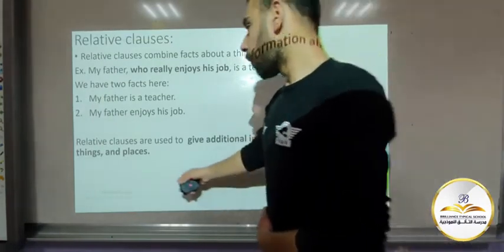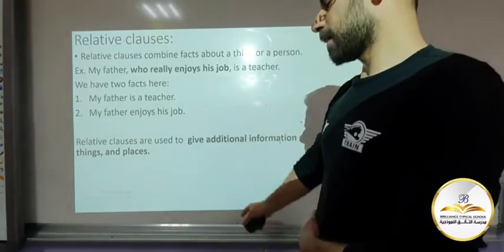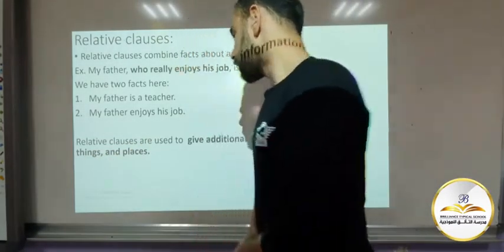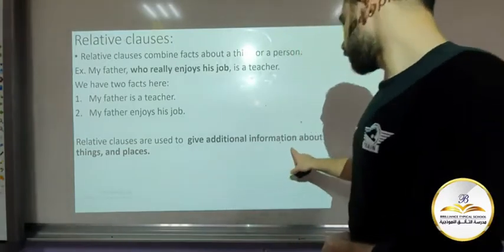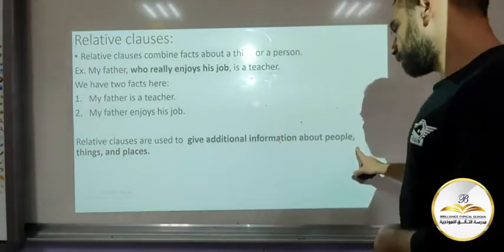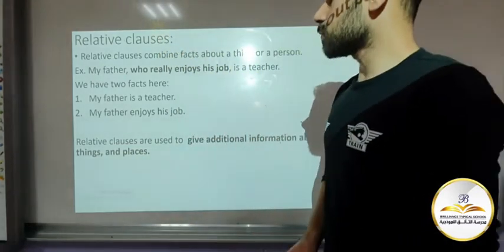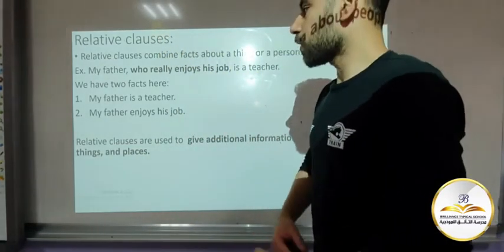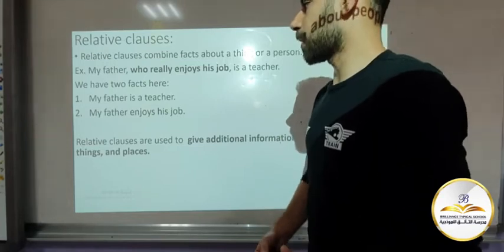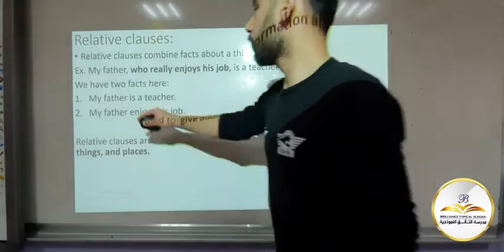Okay, when do we use them? Relative clauses are used to give additional information about people, things, and places. When I want to add more information about somebody or something, like here we have my father.